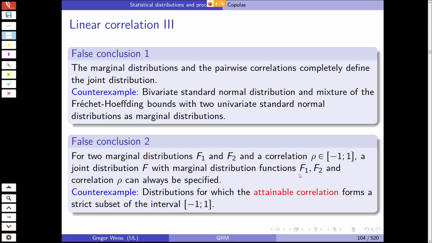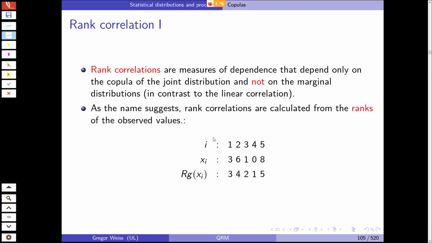It could be that if you fix f1 and f2, you can only get a correlation of, say, -70% up until, say, 90%. So that's why only attainable correlations are possible, and this pretty much depends on the marginal distributions. Okay, so false. It's not sufficient only to fix the marginal distributions and the correlation.